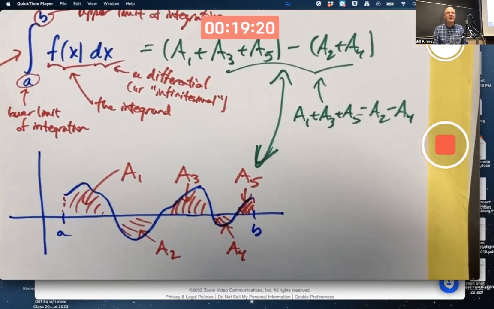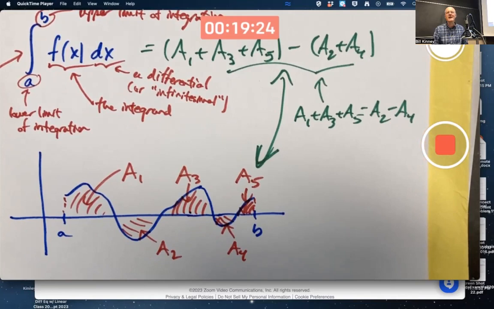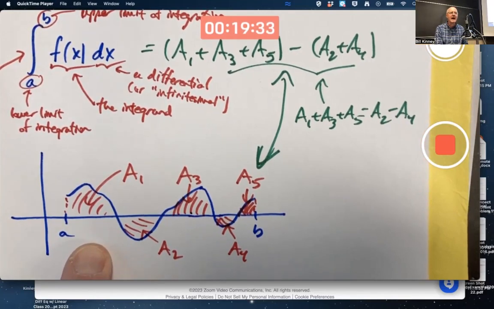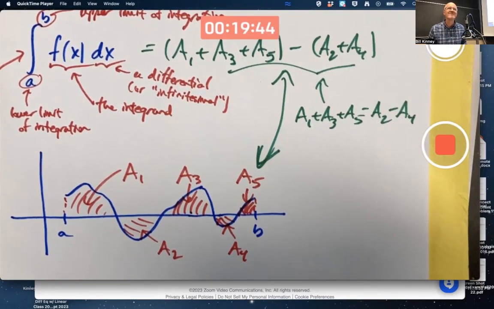It should also beg another question, if you think about it longer. How do you know there even is an area? Wait a minute. Is that a valid question? I mean, duh, can't you just look at it? Obviously there's an area. Well, it's actually not so obvious. In fact, there are some weird functions where the area under the graph does not exist.